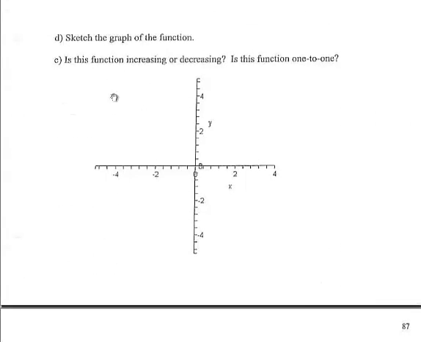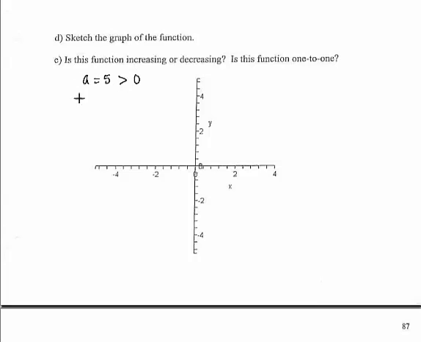So our last exercise for this chapter, sketch the graph of the function. Is the function increasing or decreasing? Is the function 1 to 1? Well, let's see. The base, a, equals 5, and 5 is greater than 1.